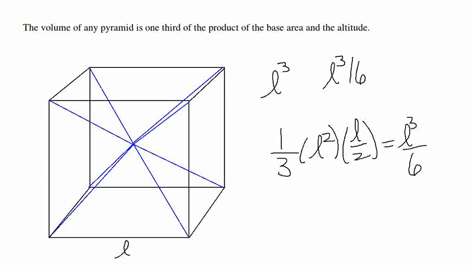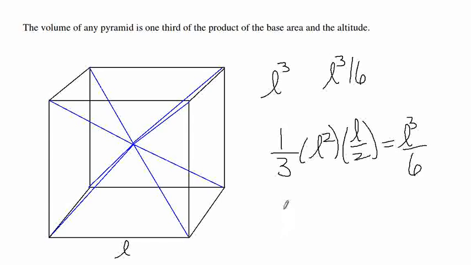So the formula at least works for regular pyramids with square bases and altitudes that are half as long as the sides of the square. Now, what about if the altitude was smaller or bigger than L over 2? Okay, well, in that case, the volume would change by the scaling factor.